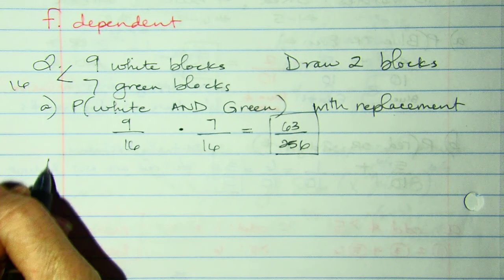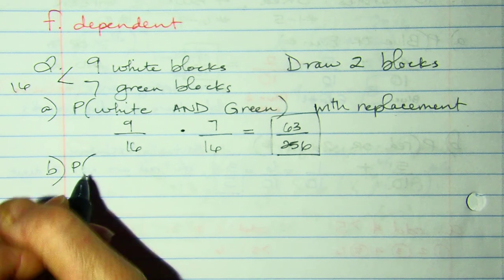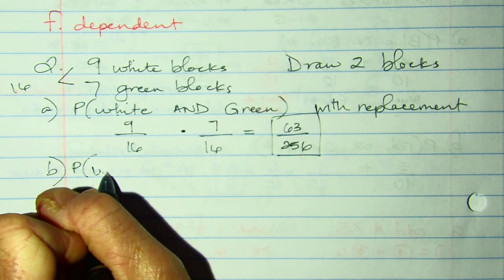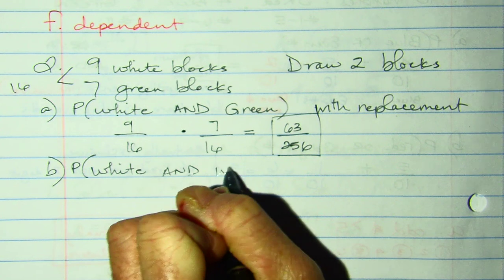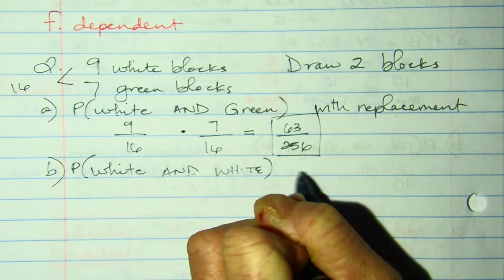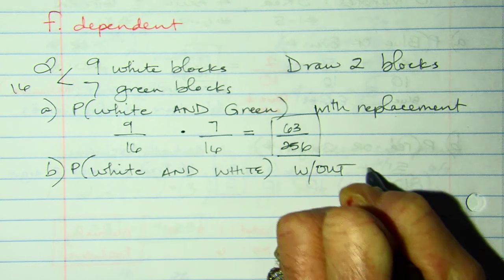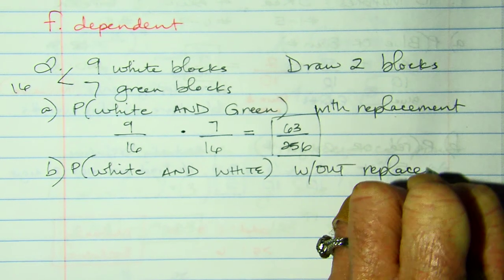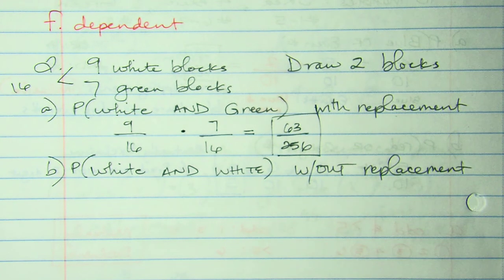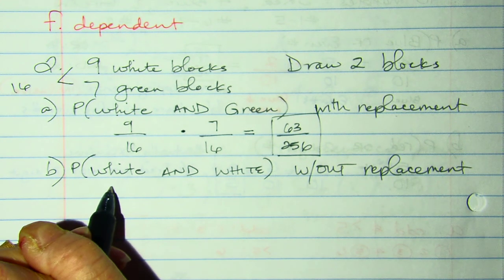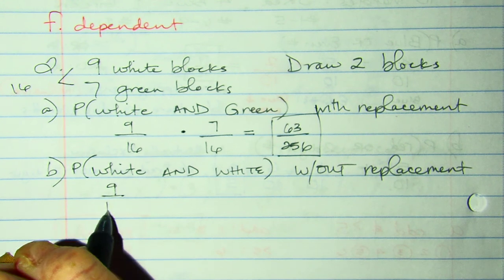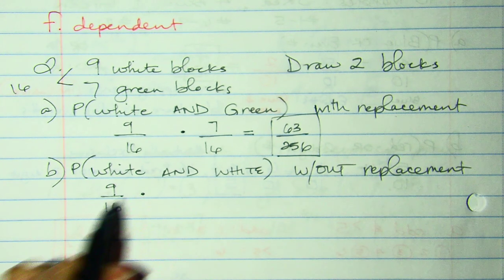Now, let's say I asked you the probability that the first one is a white block and the second one is white, without replacement. Without replacement means you are going to keep that first block. So the probability that the first one I grab is white is the same, 9 over 16, and I'm multiplying.